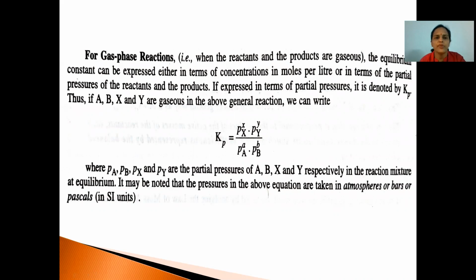Thus, if A, B, X and Y are gaseous in the above general reaction, we can write Kp is equal to Px to the power x into Py to the power y upon Pa raised to a into Pb raised to b, where Pa, Pb, Px and Py are the partial pressures of A, B, X and Y respectively in the reaction mixture at equilibrium. It may be noted that the pressures in the above equation are usually taken in atmosphere or bar or Pascal.